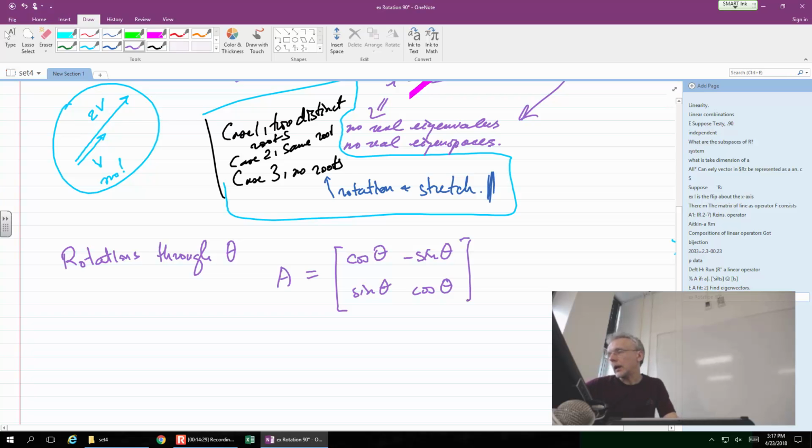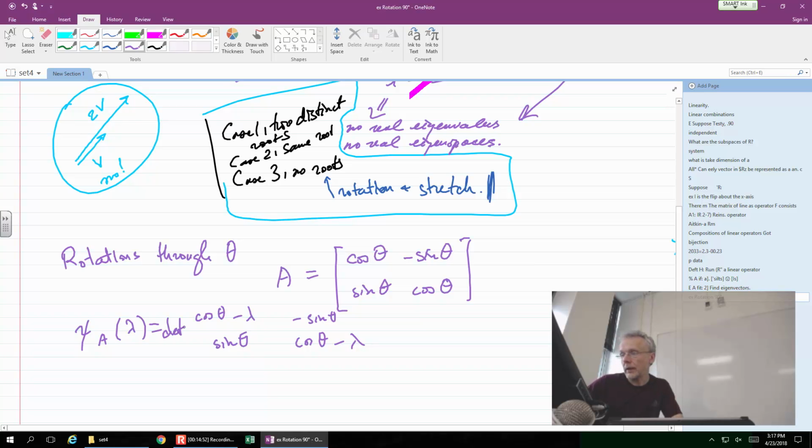Okay, so once again I can go the same way and try to find, let's write the characteristic polynomial. So the characteristic polynomial of this matrix of lambda is cosine theta minus lambda, cosine theta minus lambda, negative sine theta, and sine theta. And we're supposed to take the determinant of this.